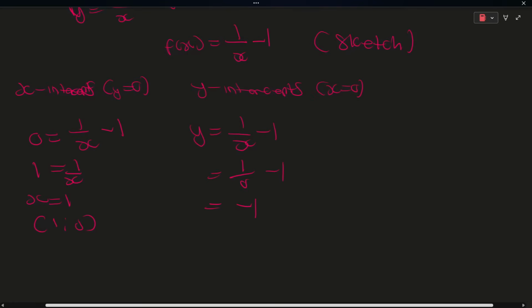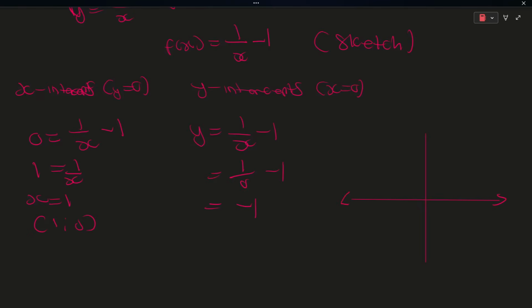Let's sketch our graph. Let me draw something. That's what we're aiming for. We start by asking, what is my asymptote? It's minus 1. I draw it with dotted lines, guys. It's either dashed or dotted, whatever. What is my x-intercept?